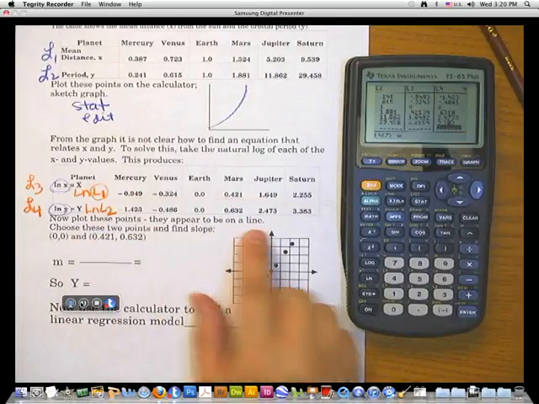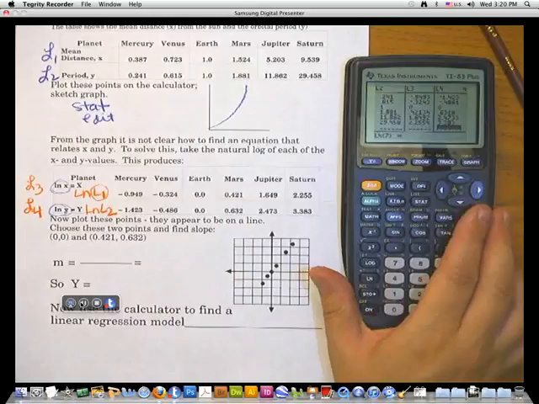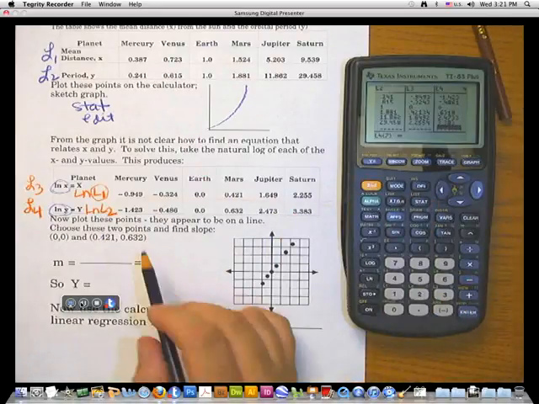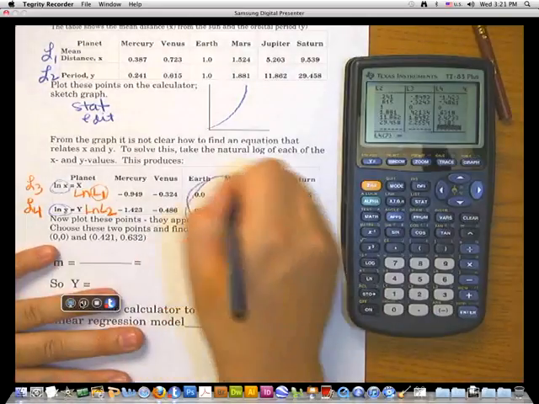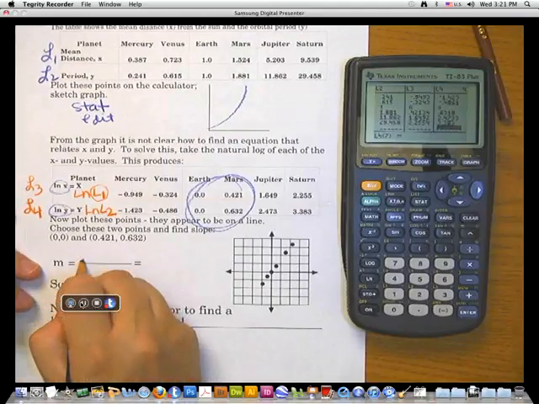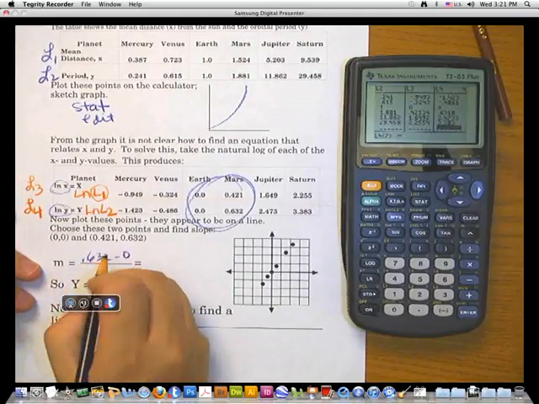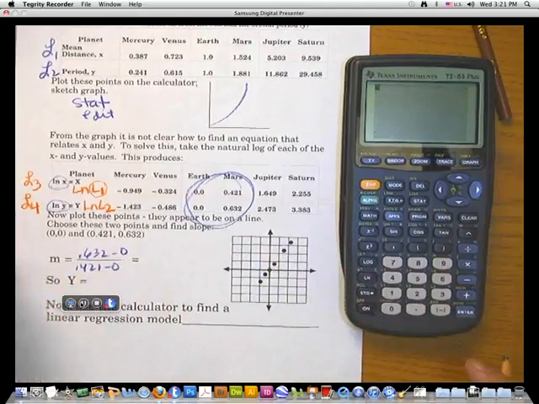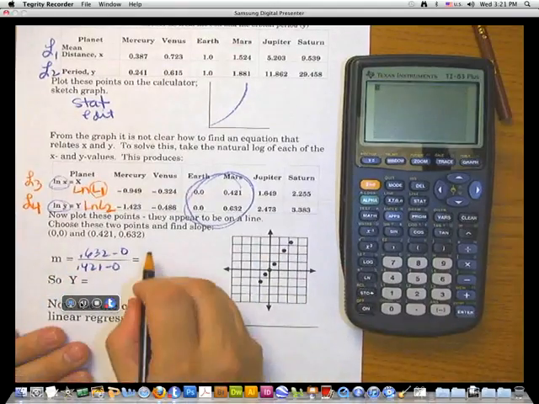Now it says if I were to graph this, it would appear to be closer to a line. So they want you to choose these 2 points and find the actual slope. So you go with your y minus y and your x minus x, and you can do that on your home screen there.